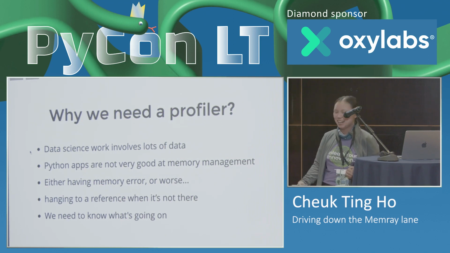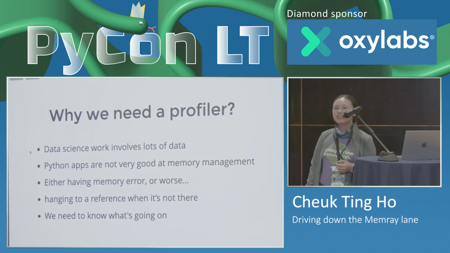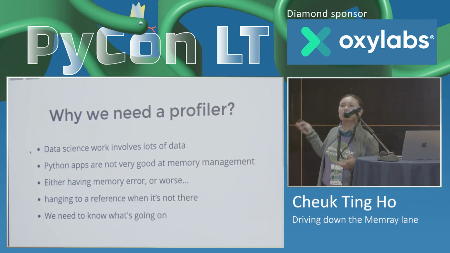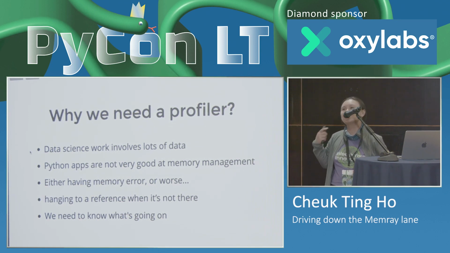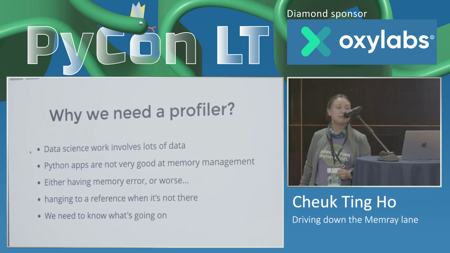Sometimes you wait because it's huge, but sometimes it's just a waste of your working time. You have been waiting for 15 minutes, 30 minutes, time you could use for more productive work, so it's wasted. So we want to know what's going on. We want to be smarter about how we run that program.